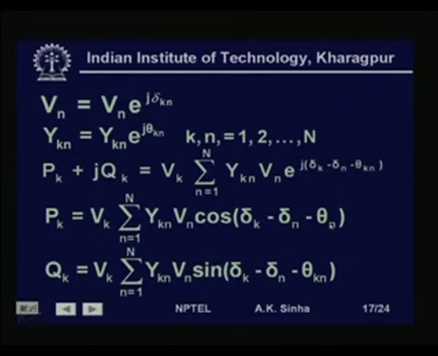I am sorry, here the k is missing in this. And Qk is equal to Vk summation from n equal to 1 to capital N of Ykn Vn sin of (delta k minus delta n minus theta kn).